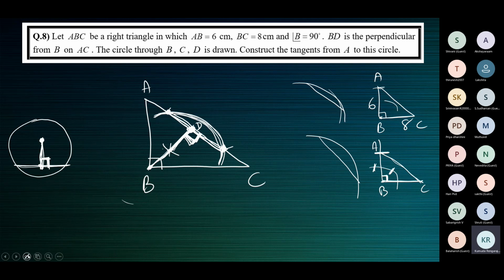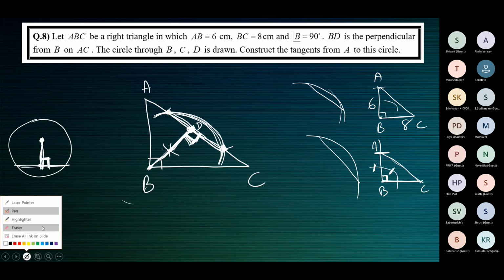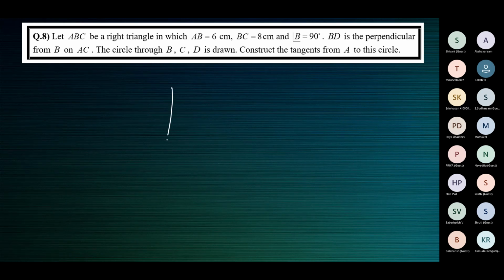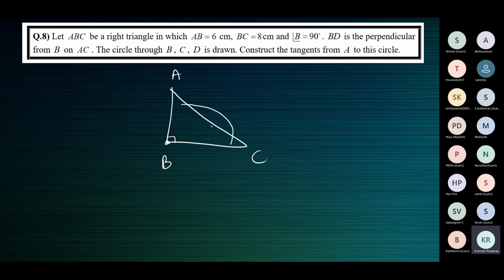Just let me show you again quickly. B, arc, this point, arc, this point, arc, and like this.